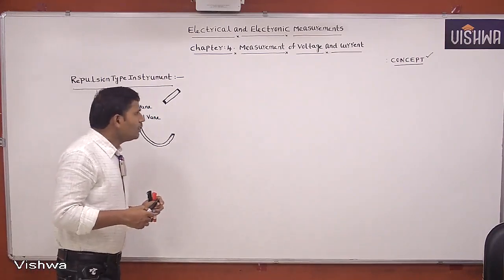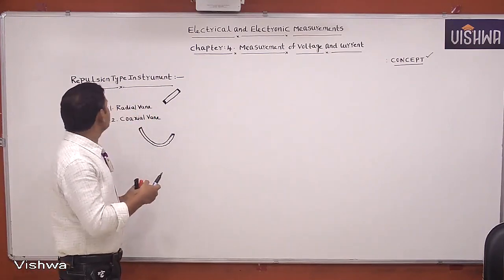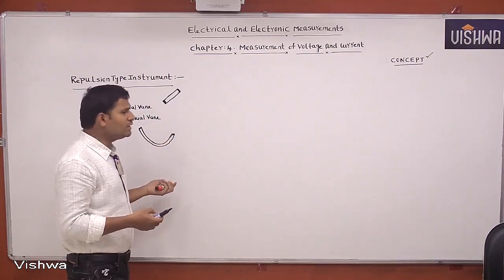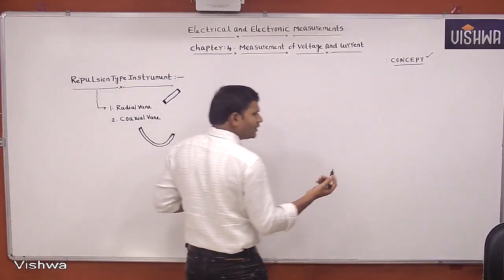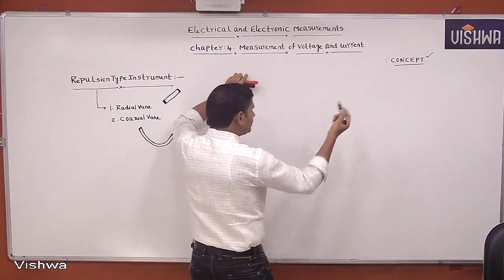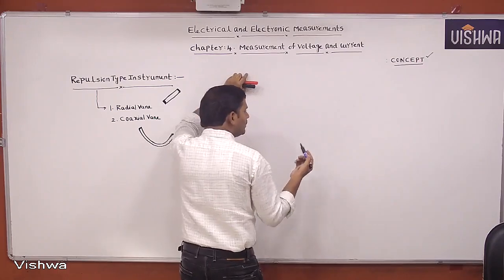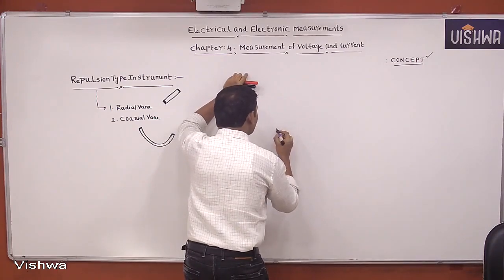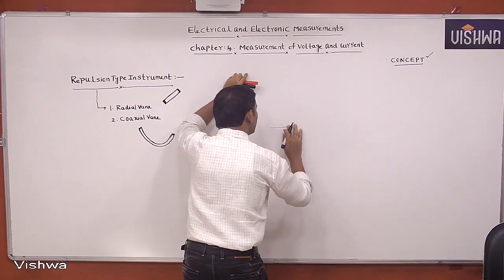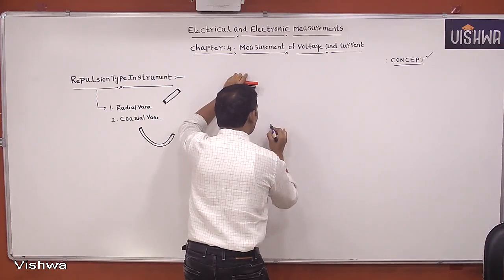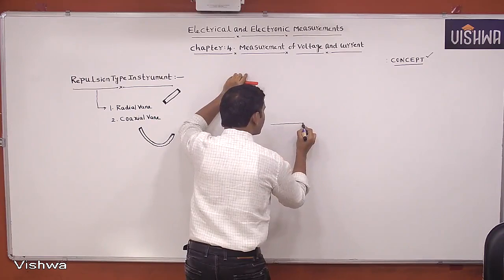Now see, here I am drawing this repulsion type instrument using radial vane. First draw the construction details of the radial vane type instrument. This is the repulsion type instrument. It also consists of an electromagnet.